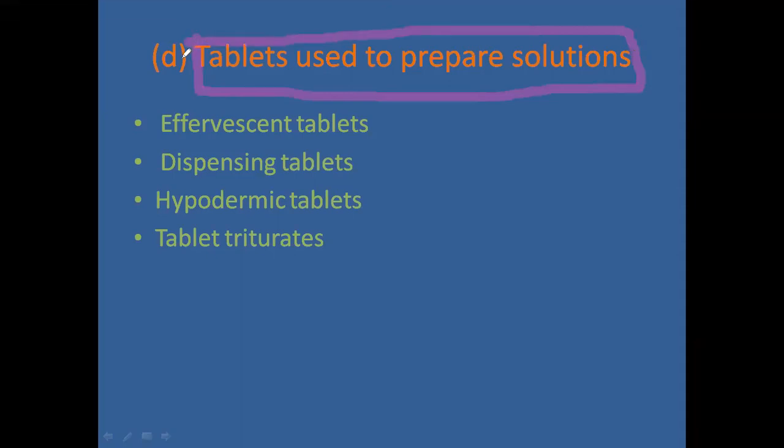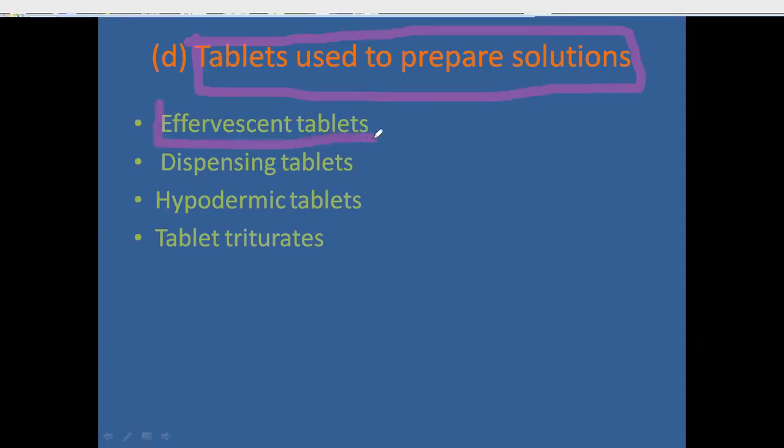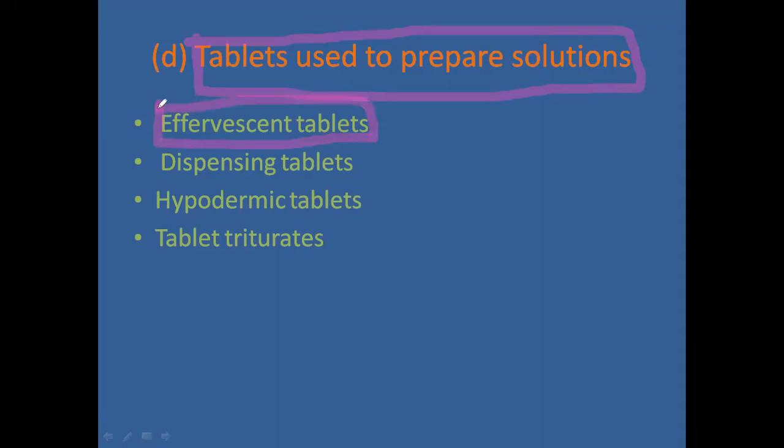Means even though they are going to be prepared as a tablet dosage form, when they are put into a certain solvent, mainly water, they will be converted into a solution form. And examples of such kind of tablets include effervescent tablets, then dispensing tablets, hypodermic tablets, and tablet triturates.